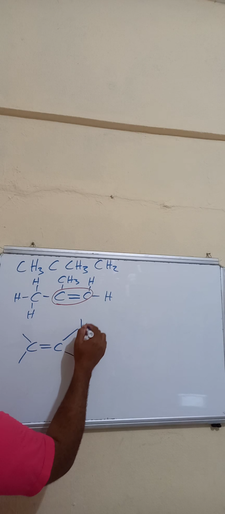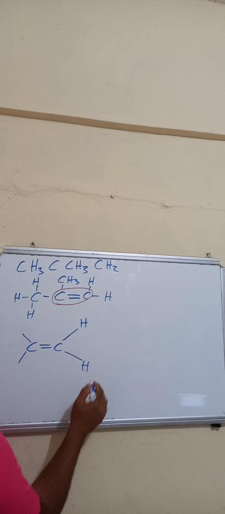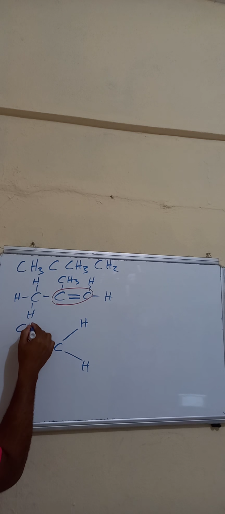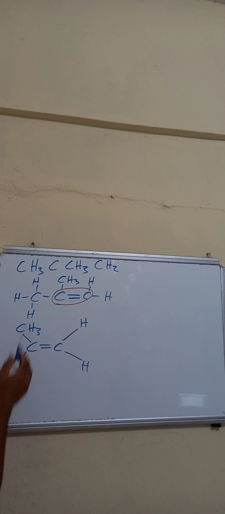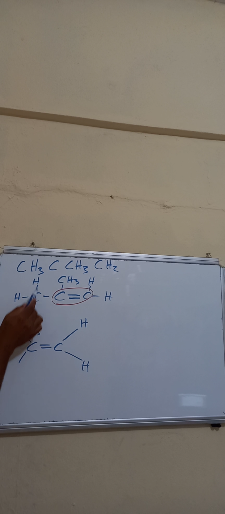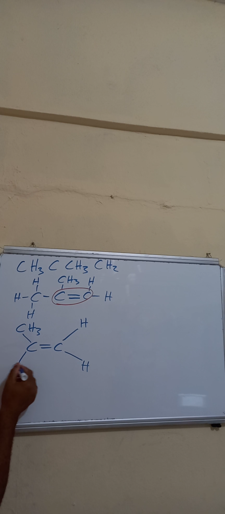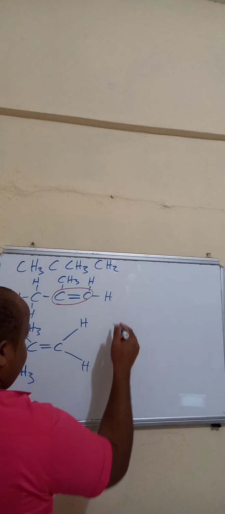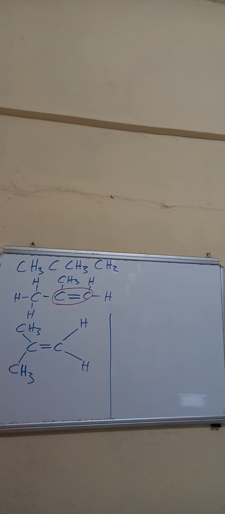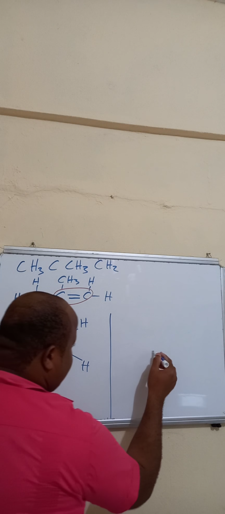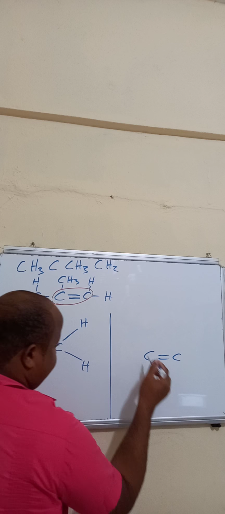So this carbon has two hydrogens attached. This carbon has a CH3 group here, a carbon with 3 hydrogens, right? So if this is one configuration, what are we going to do if we try to draw it back?